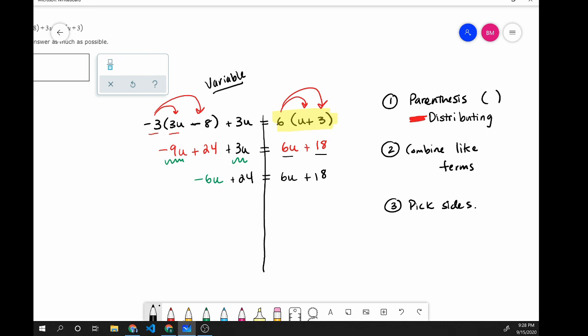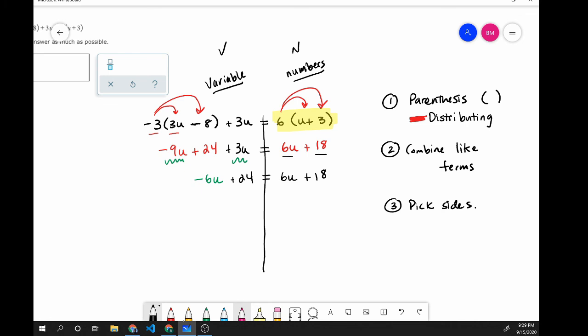I just label it up there. You don't have to. This is my numbers, or my constants, you can call it too. So plain numbers with no variables and my variable side. Or you can put a V and an N, or whatever you want to do, or don't write anything, and just know that all your variables are going there.